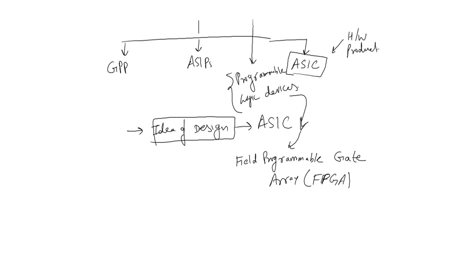Whatever the idea is, you implement that idea on an FPGA and it will give you a synthesizable form, some set of very low-level or HDL code which you can modify. So this gives you the flexibility to program some connections.